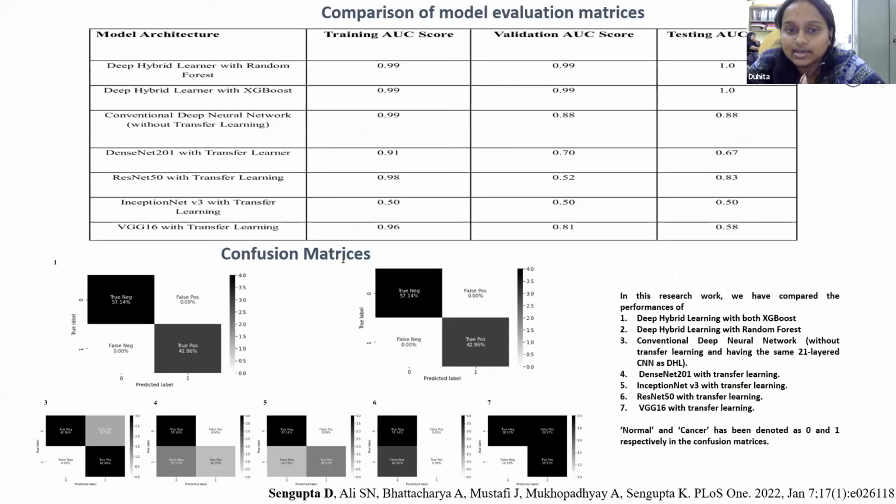We also had a different test data set, which we used for testing our algorithm. While testing, we also checked the performance of several other combinations of deep learning networks, but we could see that deep hybrid learners, which take into account both convolutional neural networks and machine learning classifiers, are the best model for the specific problem of classifying ovarian cancer.